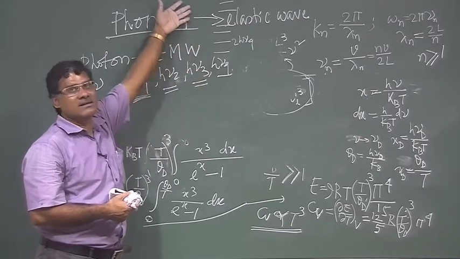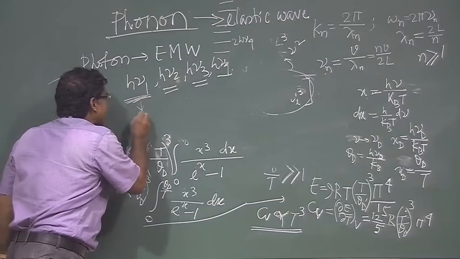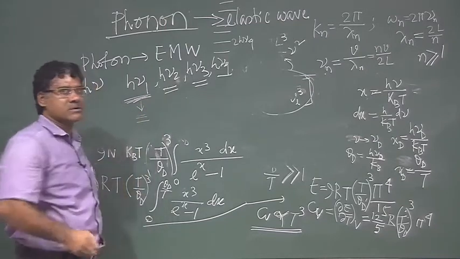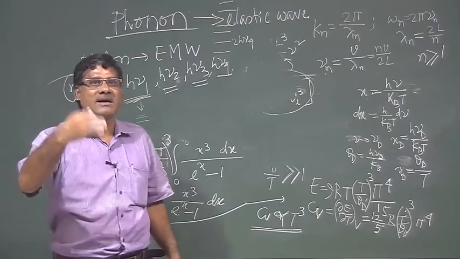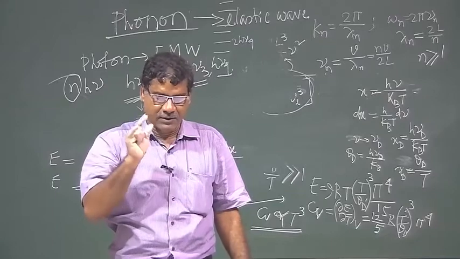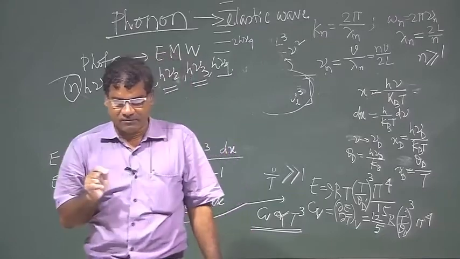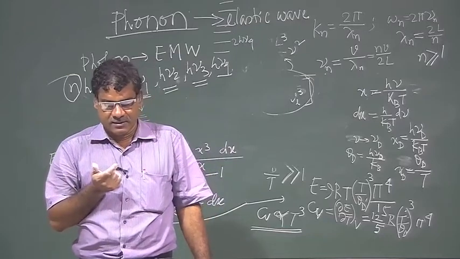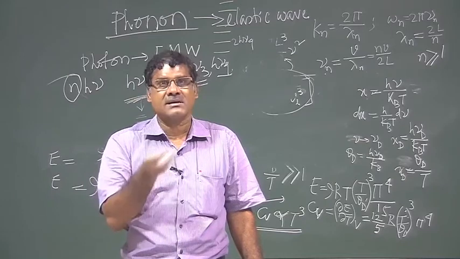This also, at a higher state, has n number of phonons. So, each mode can have any number of phonons. So, the number of phonons tells the excited state.